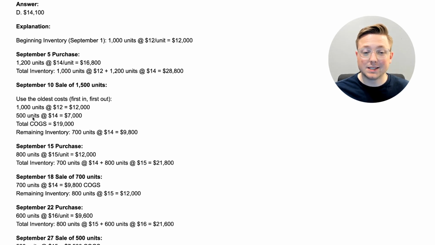And then we still have 500 units left that we need to sell. Those are going to come out of the next oldest thing that we purchased, the September 5th purchase. So 500 units from the September 5th purchase. Altogether, the COGS is $19,000. And in the inventory there are still 700 units of the September 5th purchase left at $14 per unit. So that's $9,800 that the inventory is at now.